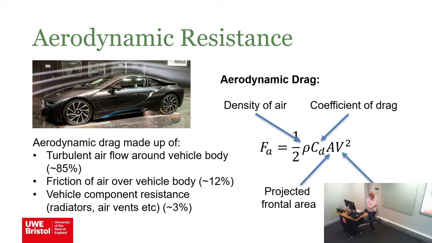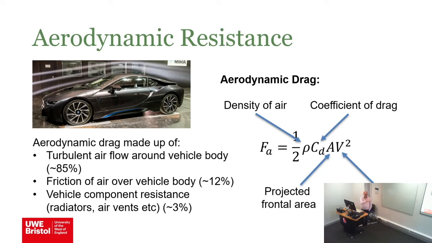So you can see that velocity has quite a big impact. If you go twice as fast, you've got 4 times as much drag, which is why people say that at 70 miles an hour you're going to get a certain amount of fuel consumption. If you go 80 miles an hour, it's not just a little bit more fuel consumption. You've got a lot more because you're going that much faster. So that's the equation that encapsulates aerodynamic drag, and that's the one we use.